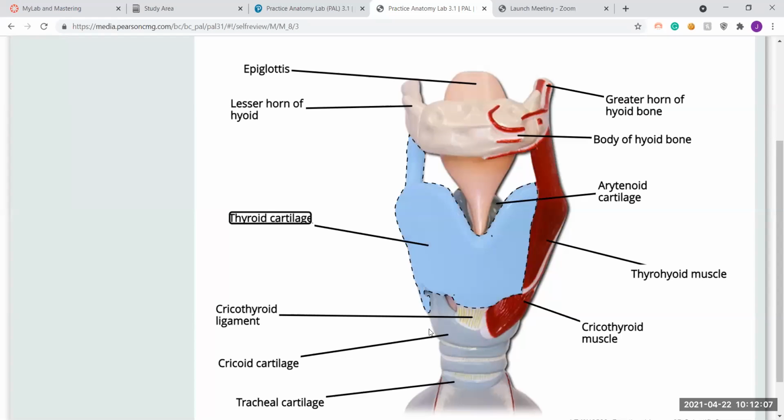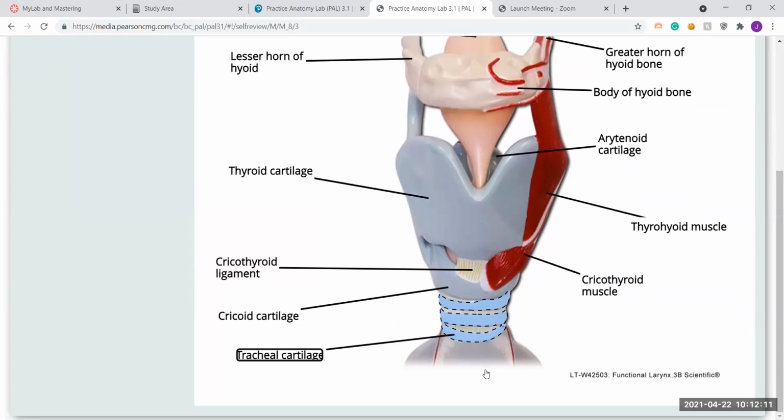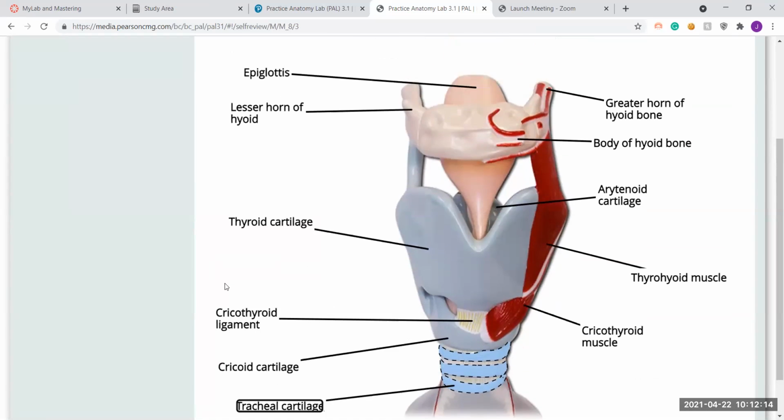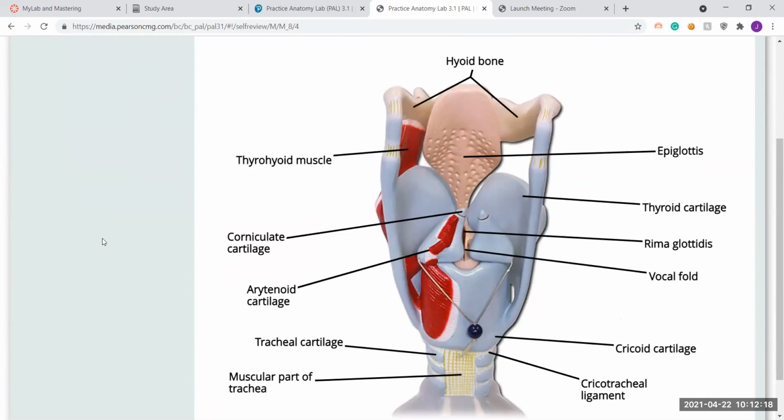Okay, and there are other ligaments and muscles. And then after the cricoid cartilage, trachea starts, tracheal cartilage. So this is the posterior part. This is the hyoid bone, neck bone, which is hanging in your neck. Then epiglottis, thyroid cartilage, cricoid cartilage, arytenoid cartilage, corniculate cartilage, and there is a cuneiform cartilage, bilateral, which is not here.